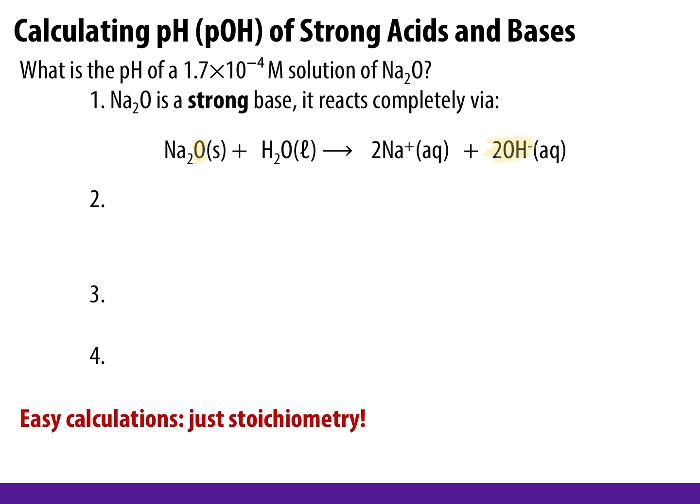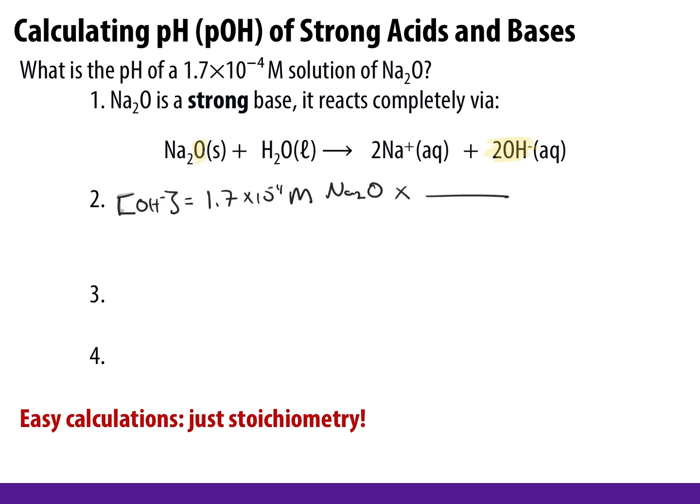Now we're ready to calculate this. Again, we have the same one-way forward reaction arrow. Therefore, we can directly calculate the concentration of not H3O plus, but in this case OH minus, right? Bases make OH minus.